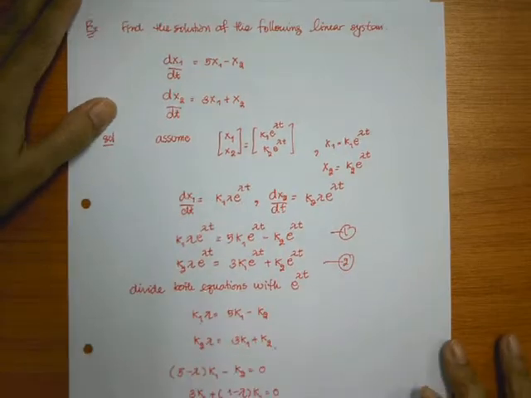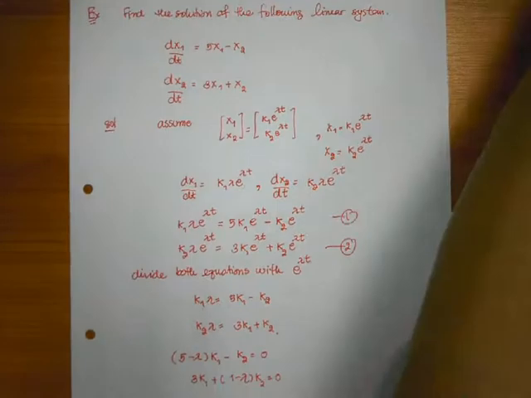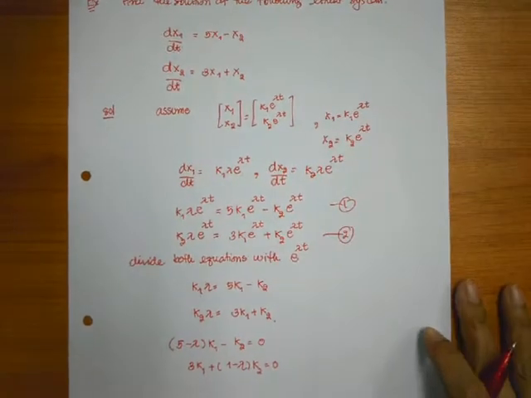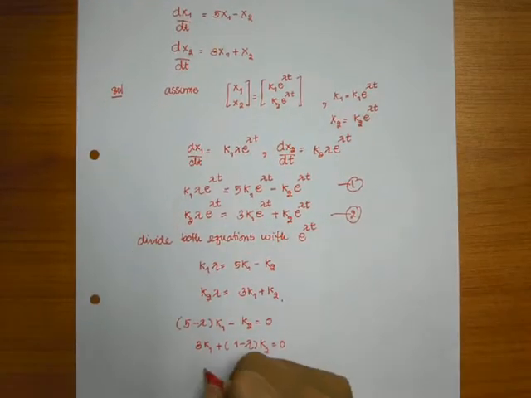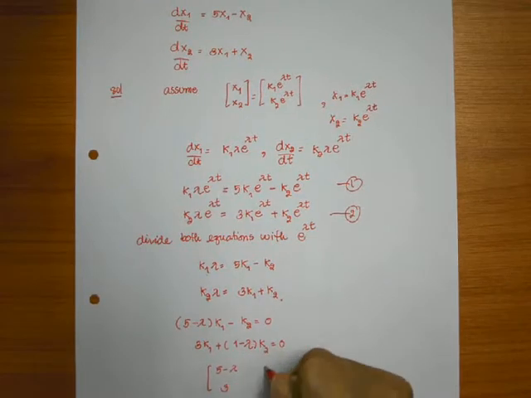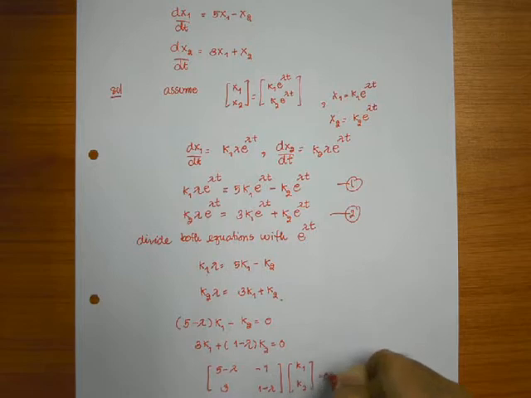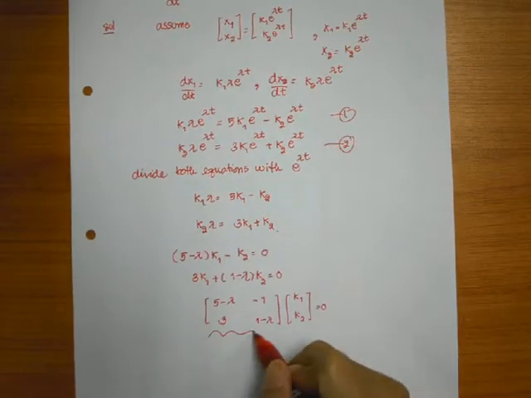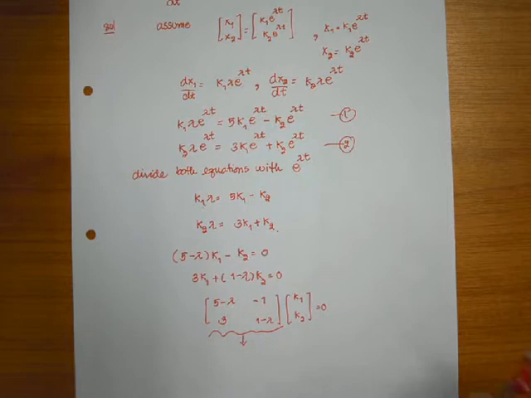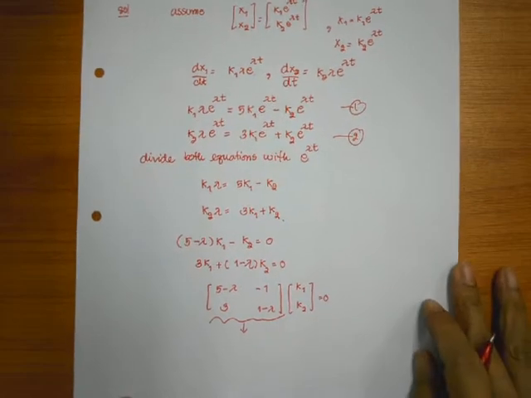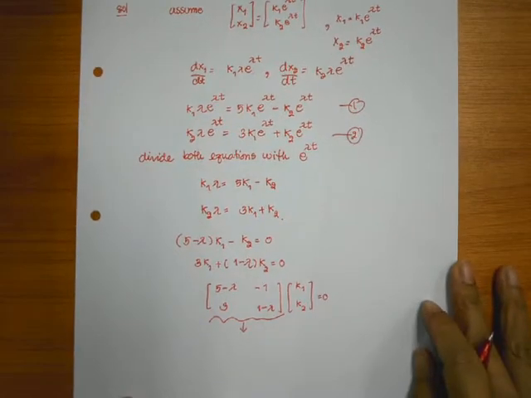Now we have two equations, and we are going to write out our characteristic equation. We say that the determinant of this should be equal to 0. That's called the characteristic equation, right?